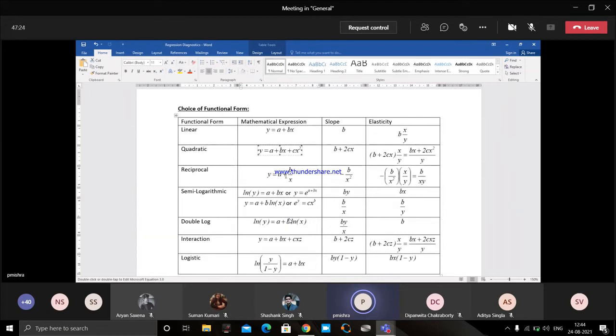And I just gave one example in terms of designing tax structure, how a quadratic specification may be useful as compared to a linear specification.